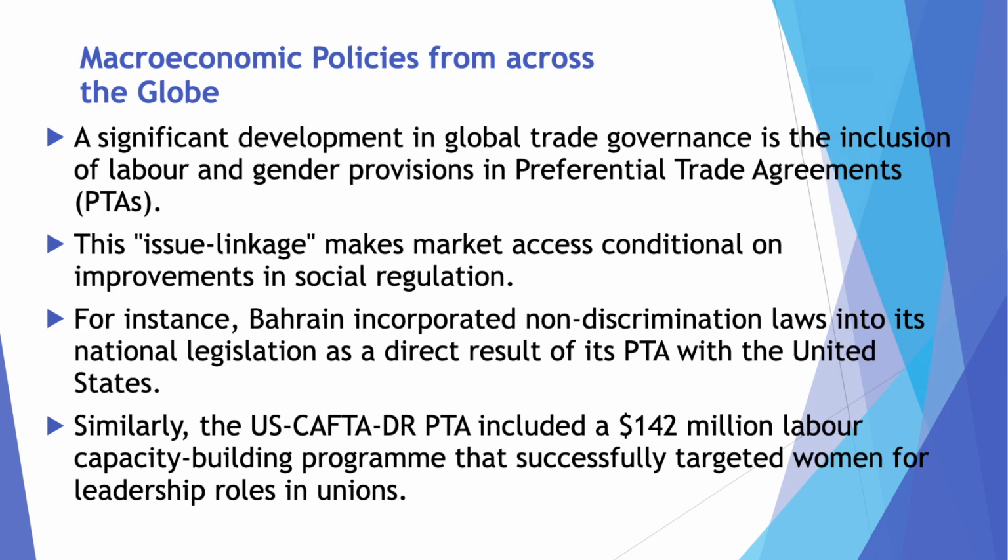For instance, Bahrain incorporated non-discrimination laws into its national legislation as a direct result of its preferential trade agreements with the United States. Similarly, the US CAFTA-DR agreement included a $142 million labor capacity building program that successfully targeted women for leadership roles in unions.